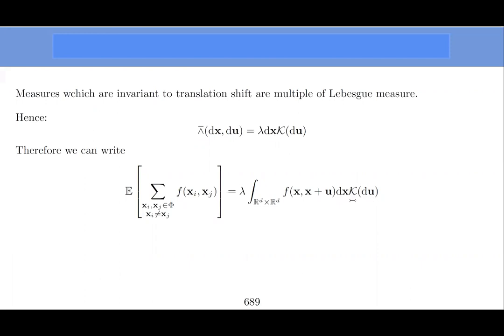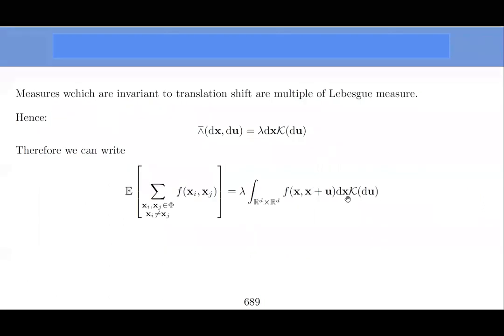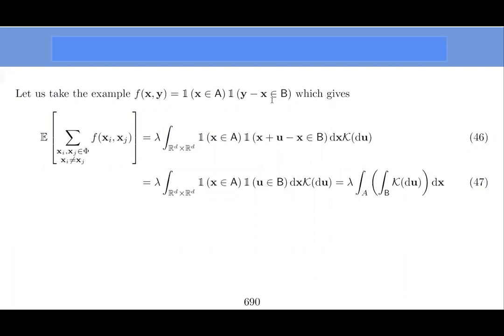Now let us see how we can compute the value of K(du). Let us take the example of the function f(x, y), which is equal to the indicator that the first point belongs to A and y minus x belongs to B. The difference between y and x belongs to B. If I put this back into the expression, what I get is the indicator that x belongs to A, and the indicator that x plus u minus x belongs to B, and the x cancels.